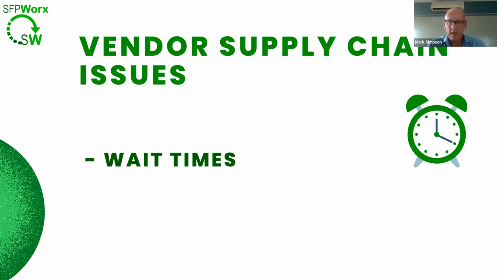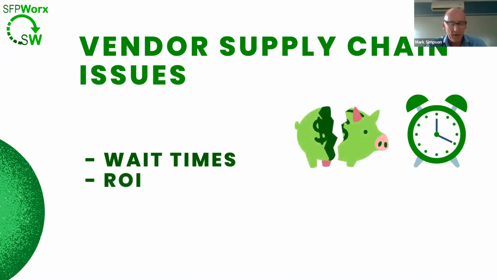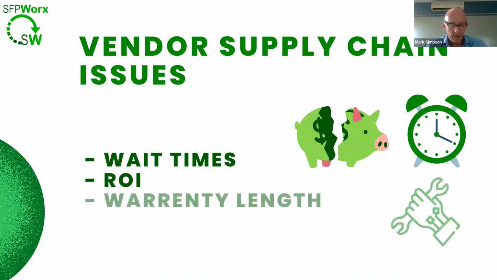The second one is that if you do the return on investment analysis of buying original optics versus equivalent optics, you're paying a hugely inflated price for something that is equal and made to the same quality and standard as the original. A lot of the vendors also only give you a 90-day warranty.